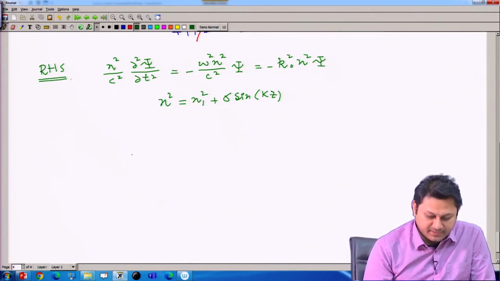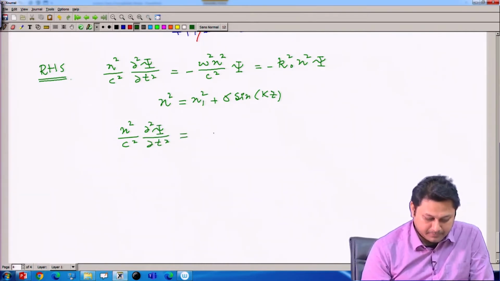So, this quantity n square divided by c square d2 psi dt square is simply minus k 0 square, and then n 1 square plus sigma sine k z, bracket close, and then I have big psi.